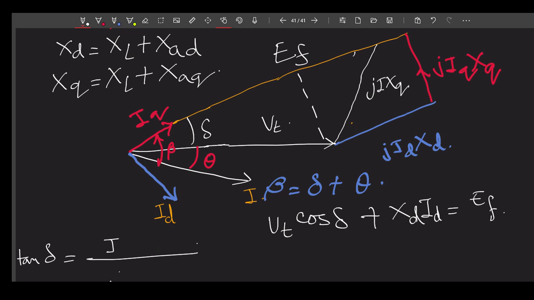It is I Xq cos theta. We have already proved it. V plus I Xq sin theta. Right.